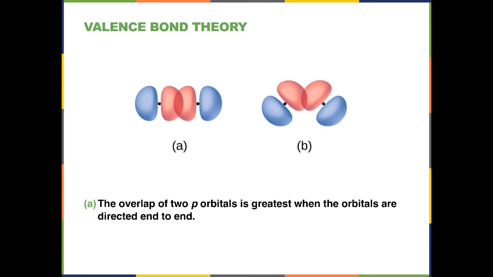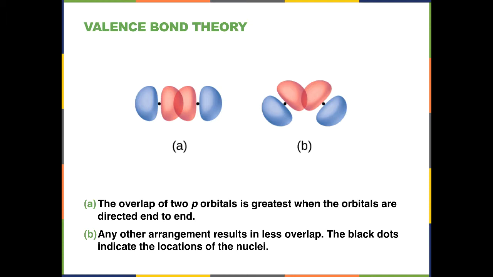And so A here shows the overlap of two p orbitals. And the p orbitals have the greatest or the best overlap when they actually overlap end to end. If you compare A to B, you see that the amount of overlap is less. And the black dots, by the way, represent the nuclei.